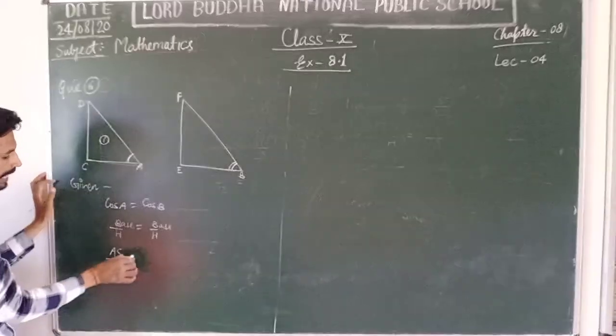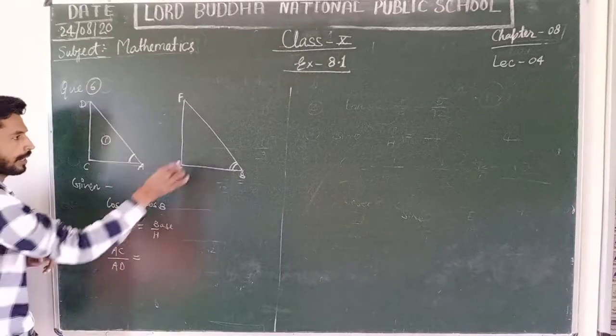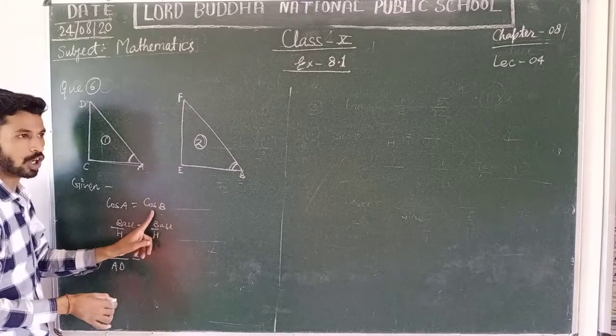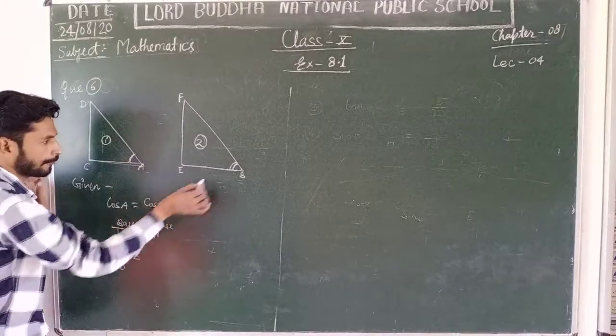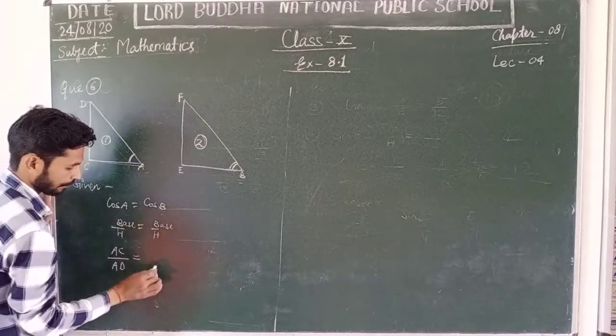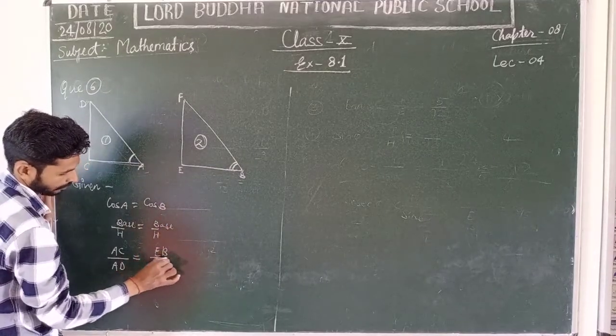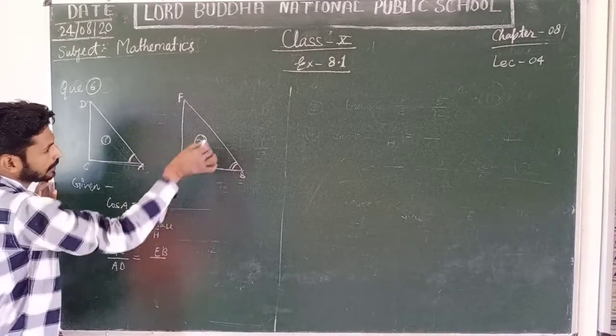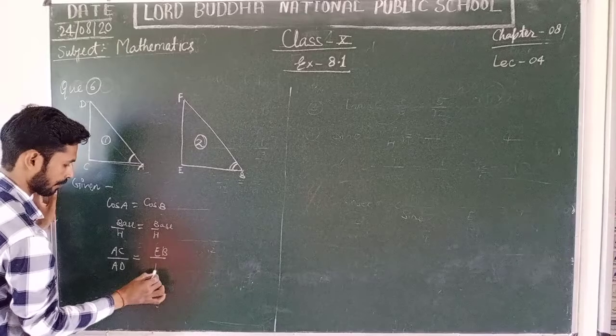And this will be equal to, in the second triangle, cos B, for which the base is EB and hypotenuse is FB.